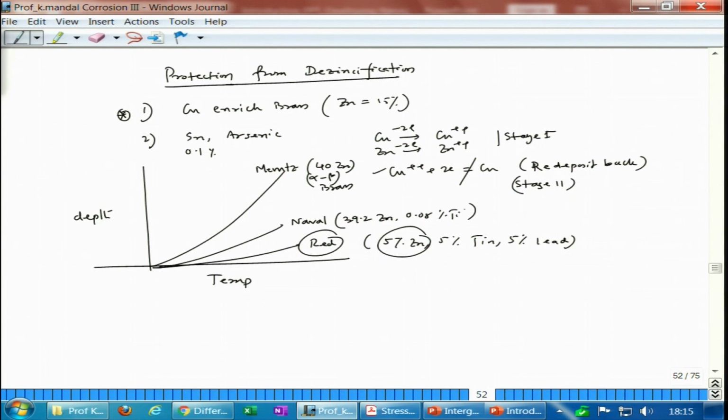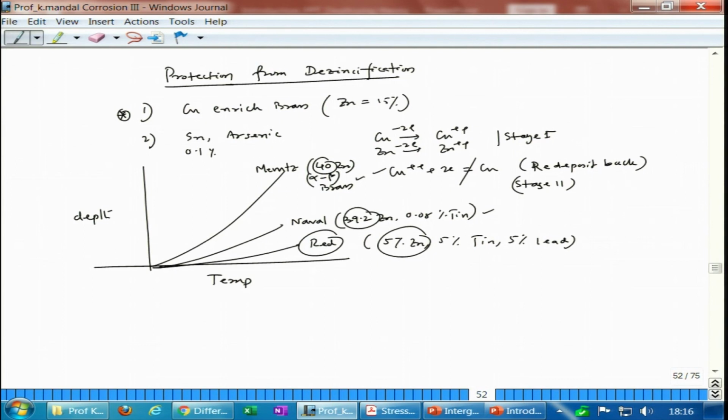Even if you compare these two, only a little bit of tin addition has prevented the dezincification to a great extent. Because you see here it was 40% zinc and here 39.2%, the rest is copper and 0.08% tin, which is 0.1% tin. So, it prevents the dezincification, fine. So, that is another protection.